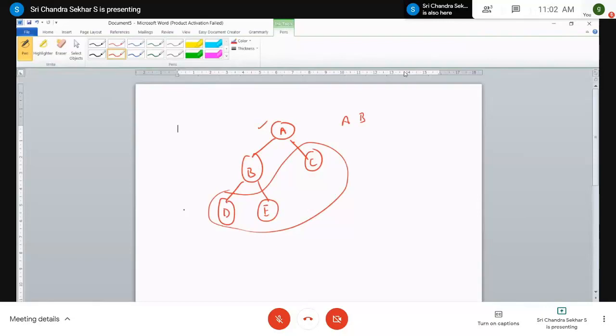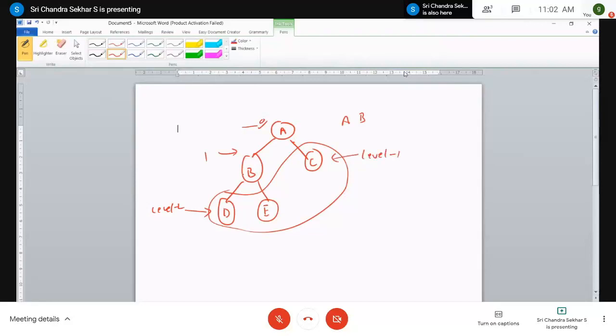For example, if you look at this figure, the leaves D and E are ending at level 2, right? As I told, this is level 0 and this is level 1, and this leaf C is ending at level 1. So this satisfies the constraint for a full binary tree. This is an example of a full binary tree.